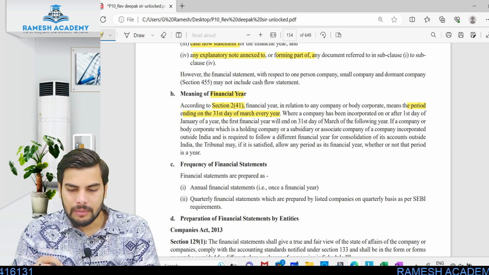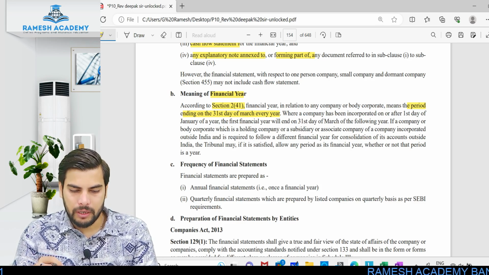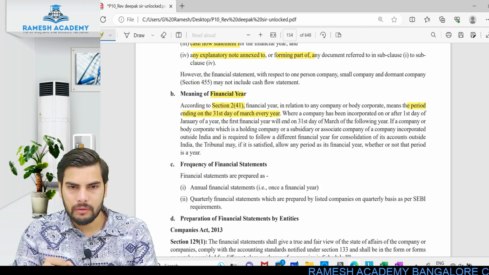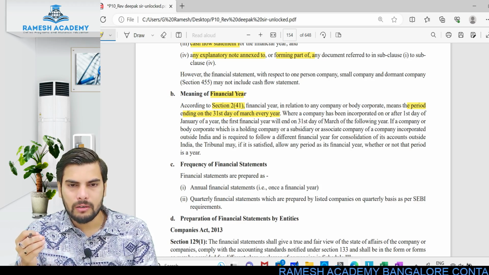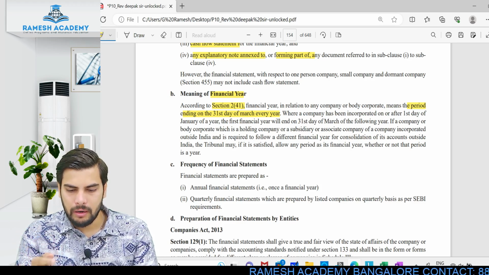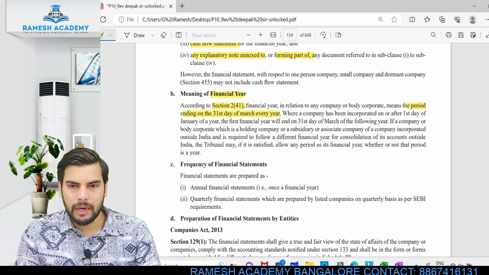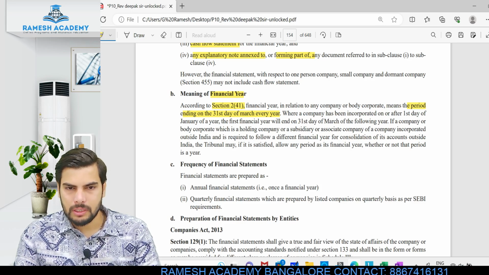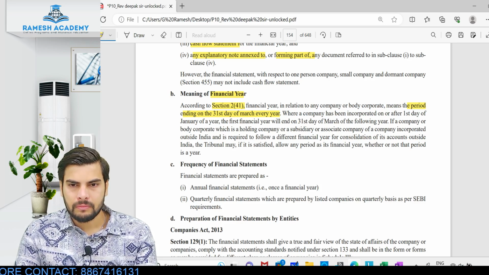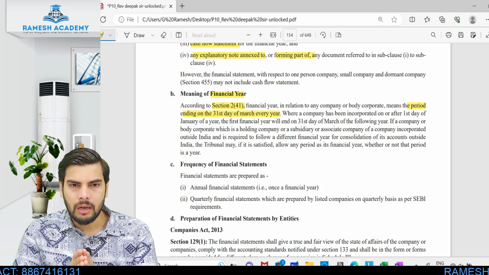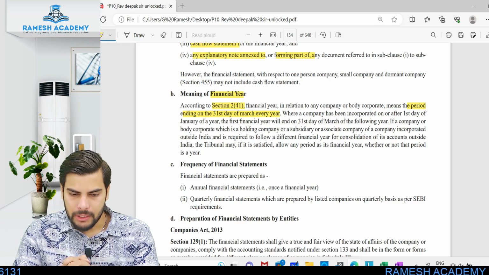Where a company has been incorporated after 1st Jan of a year, the financial year will end on 31st day of March of the following year. Okay, so if this particular company was incorporated on 1st day of January of that particular year, the financial year will be ending on 31st March of the subsequent year. Clear? Just remember this much: when it comes to financial year, it is nothing but that particular period which will be ending on 31st March.